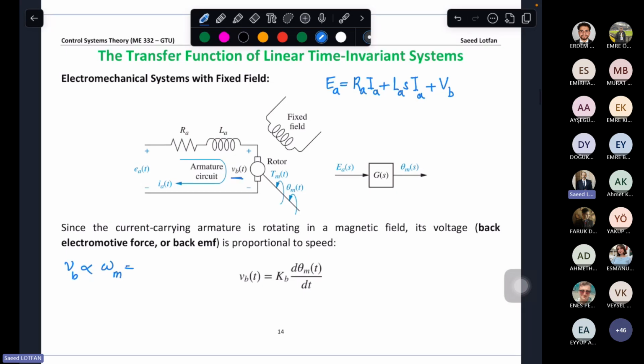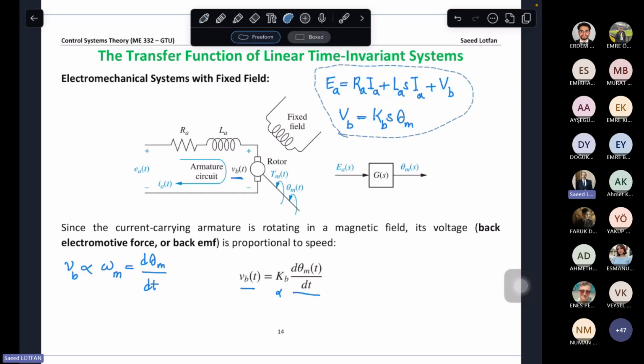If I show this by time differentiation of the displacement with respect to time, this relationship holds with KB, and KB is some experimental constant that can be measured. We will discuss how. So the second relationship is VB is also KB S theta M. So I have these two equations for now.